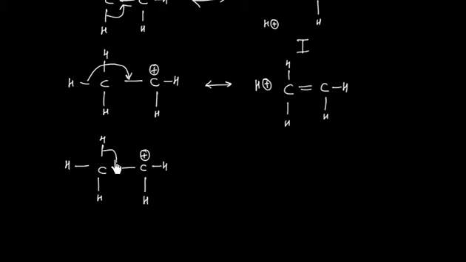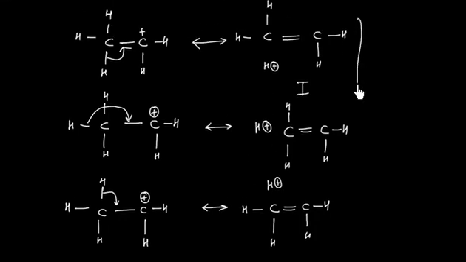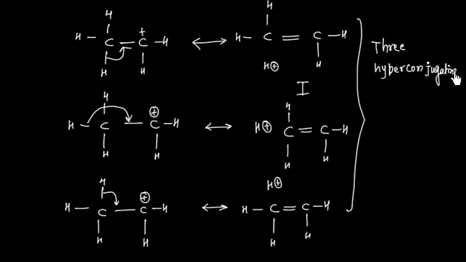So this time we can break this carbon hydrogen bond. Then we will have this hyperconjugating structure. So there are three hyperconjugating structures possible in this case.